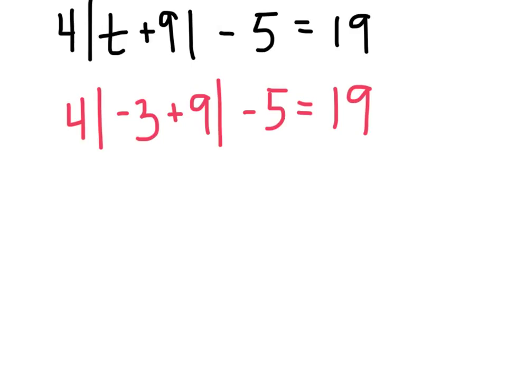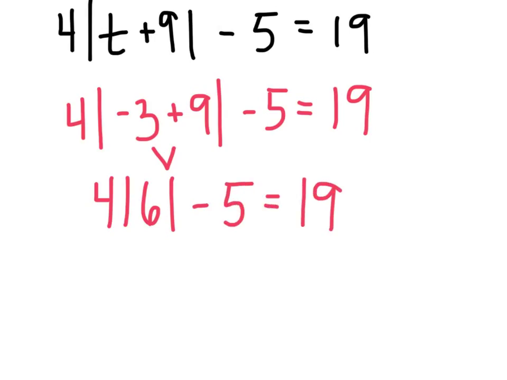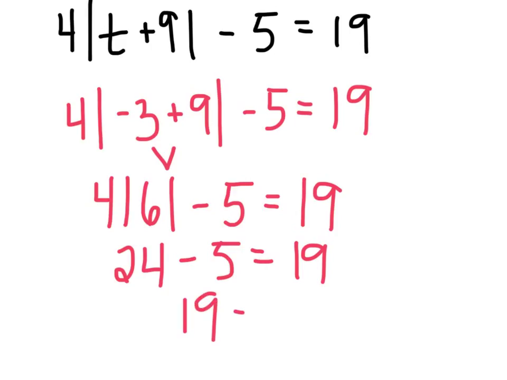If I simplify my grouping symbol first, remember GEMS, grouping symbols come first, or PEMDAS, they kind of act like parentheses. 4 times the absolute value of 6 minus 5 needs to equal 19. The absolute value of 6 is 6, so 4 times 6 is 24, minus 5 is in fact 19. So my first solution, negative 3, works.